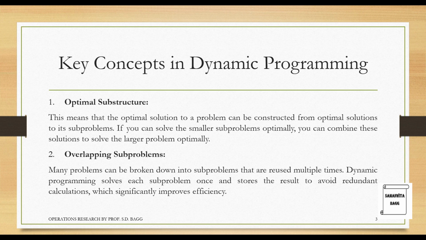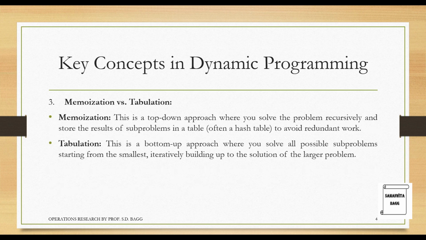So what you do is you divide into smaller subproblems and you are going to use them again and again, but you avoid resolving them, hence they are stored and then you can use the results whenever required. This will also improve the efficiency because you are not wasting time calculating things over and over again.